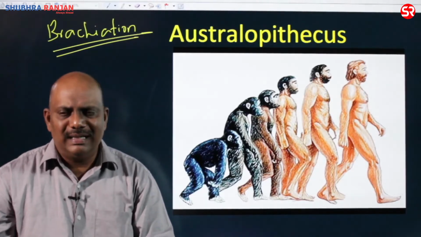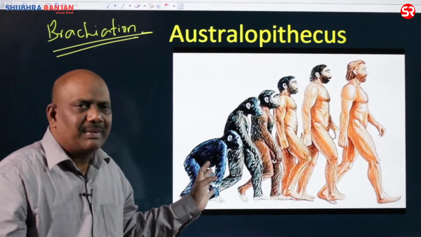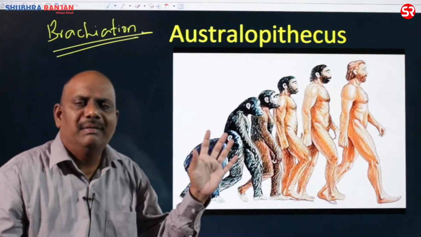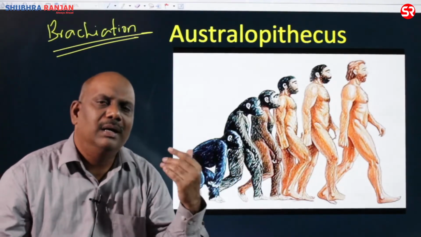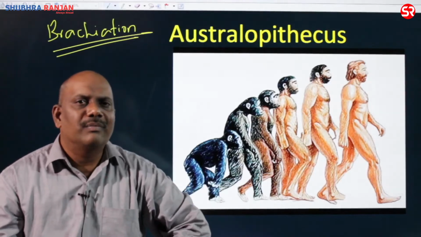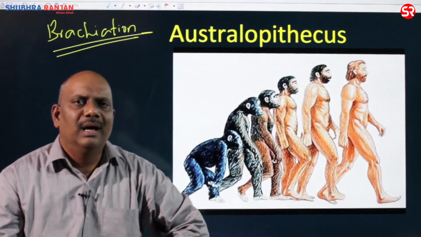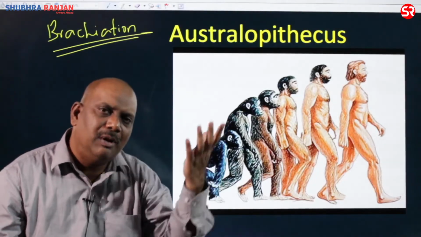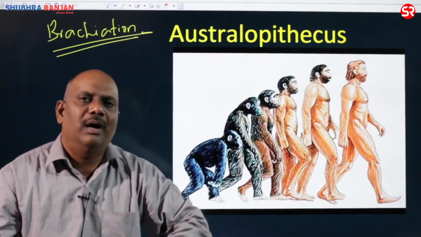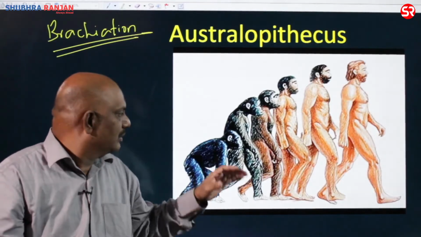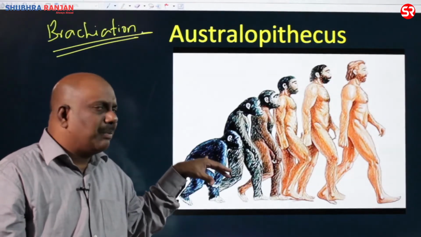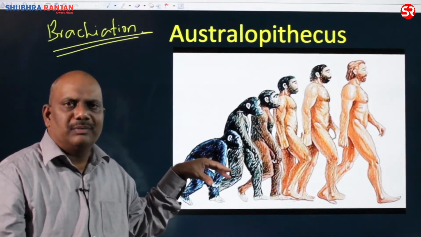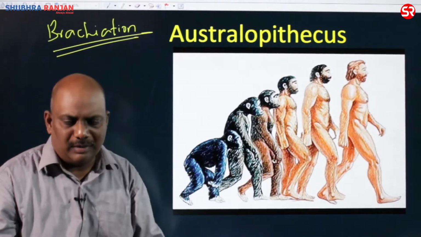Some 10 million years ago we were like this. We were there on the treetop. We were not in a position to come down and roam freely on the ground. I'll tell you why. And soon after some time, the environment permitted us to climb down from the trees and to move on the earth. So from a completely quadrupedal locomotion, I'll tell you what we mean by quadrupedal.